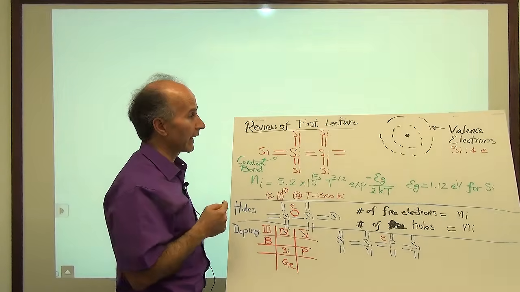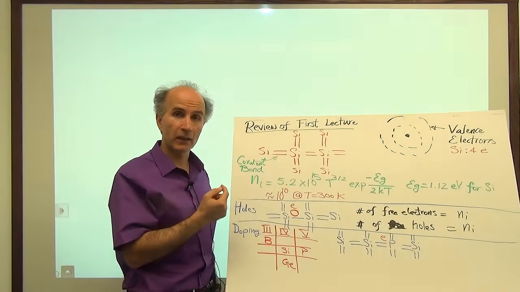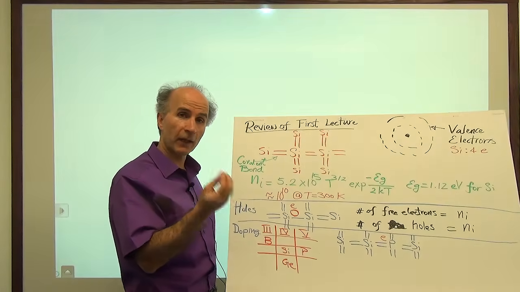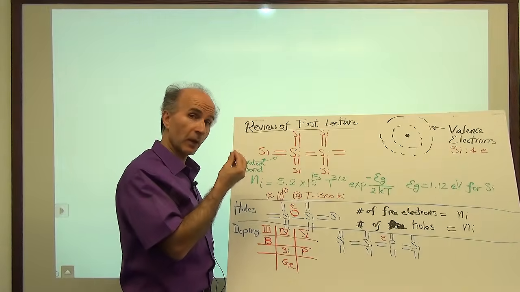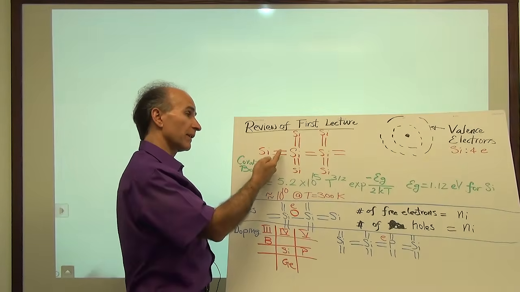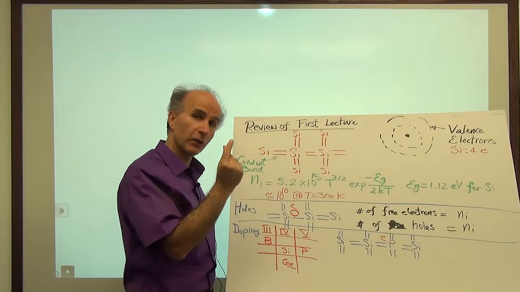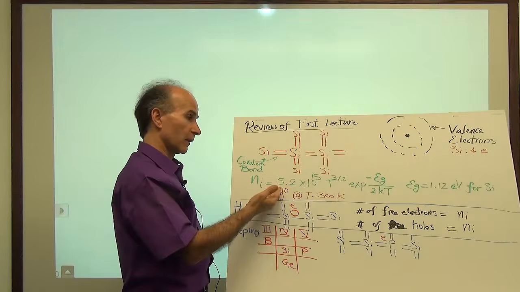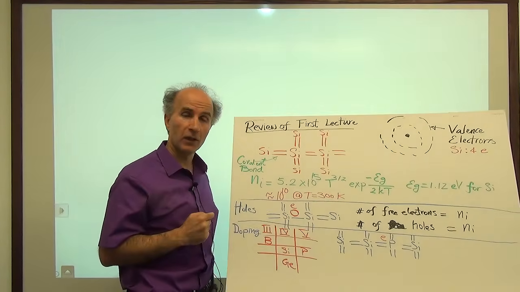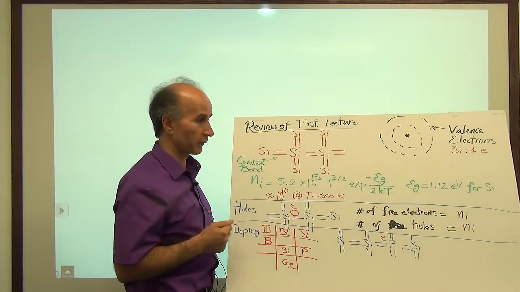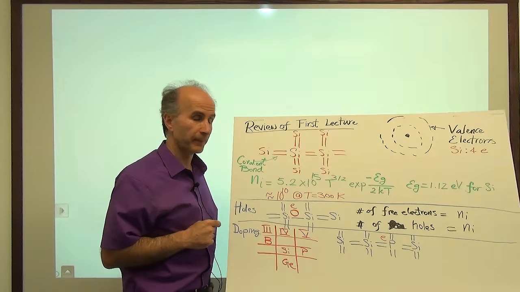Now we saw that at a finite temperature, the bonds may be broken if an electron has enough energy from the environment, let's say thermal energy, so that it breaks free from the bond. And the equation that tells us how many free electrons we have in a cubic centimeter of the material is given by this expression, which contains the band gap energy of the material. For example, for silicon, the band gap is 1.12 electron volts.